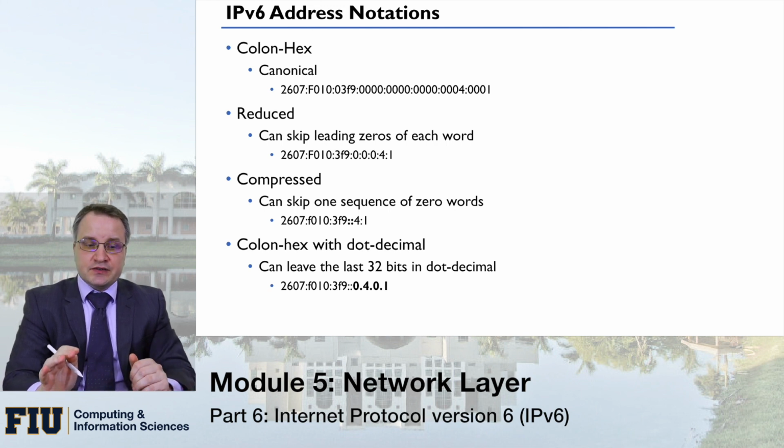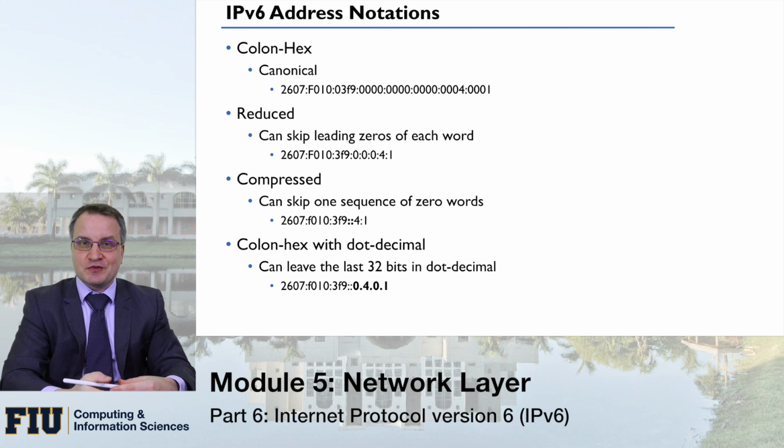What we have today is actually multiple different notations of IPv6 addresses, which is slightly more flexible compared to what can be done in IPv4, and I hope you remember that lecture. Still, there are a number of ways you can represent the same IPv6 address.